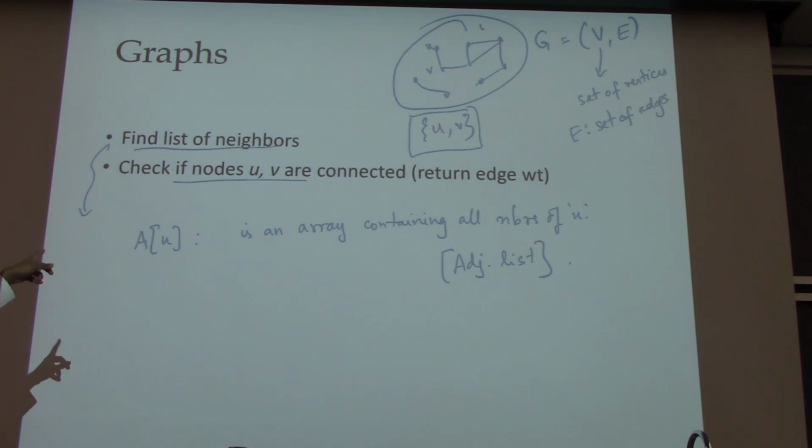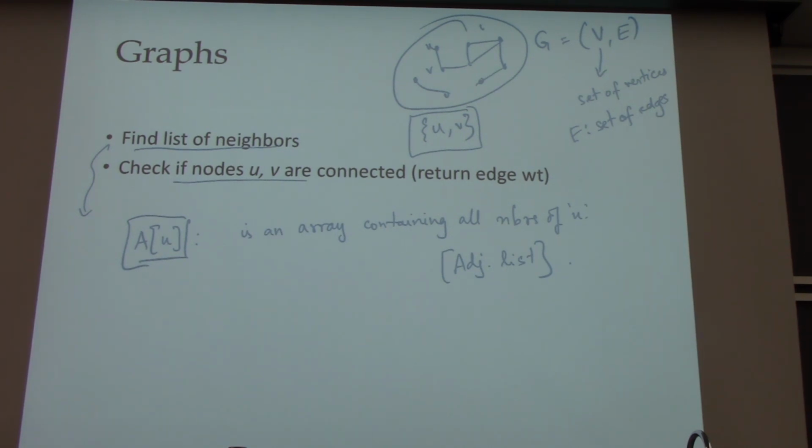And so, how long does it take to see if two nodes u and v are connected? If I give you u and v, and I ask you to see if u and v have an edge. Yeah, you'll go through the array for u and see if v is there in the array or not.